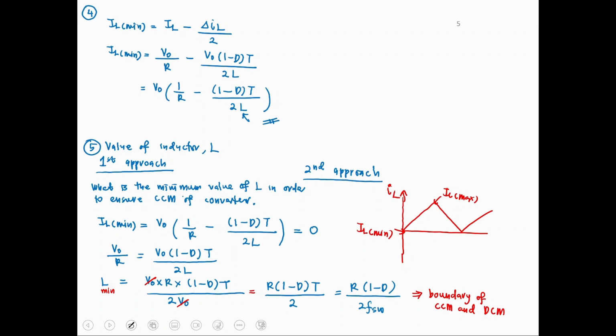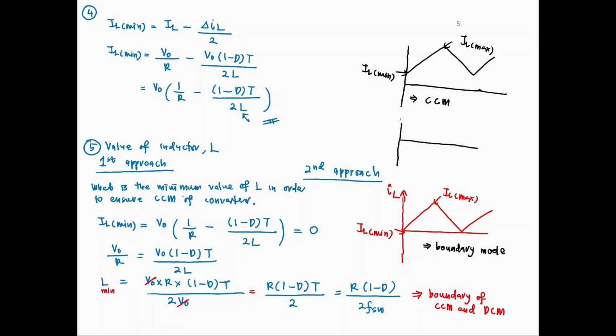Okay, if you find your current going to negative, but later on I will explain, your current cannot go to negative because the diode will block you from going to negative, but your current will look like this, where it has the discontinuous part here.